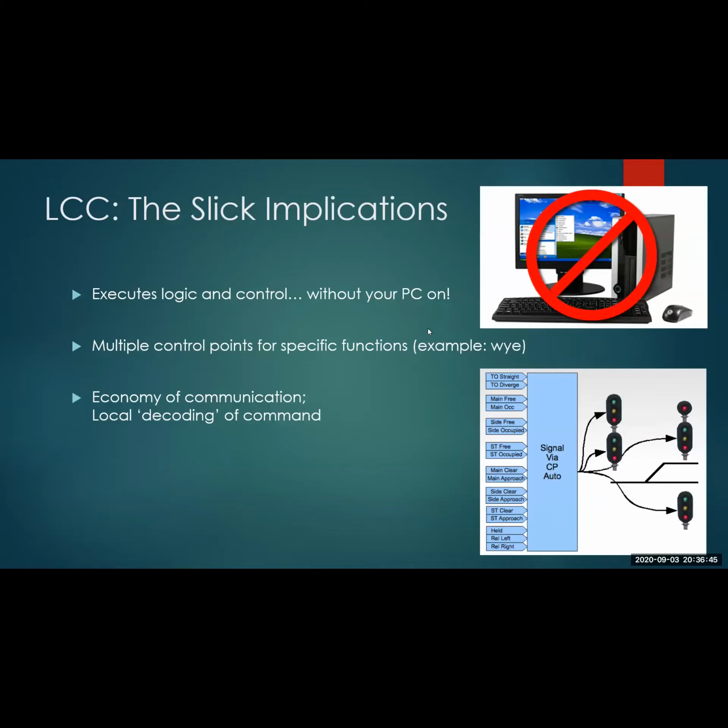I'm almost done with the presentation part. We talked about the computer. Sorry, I brought that up. Multiple control points, we brought that up. Larry, this answers your question here. It's something called economy of communications. You can have local decoding of a command. In other words, you can send out a command that basically says slow approach.